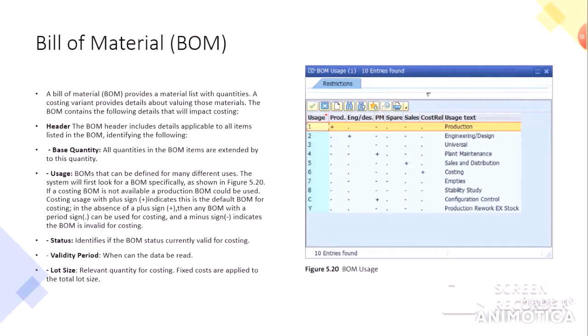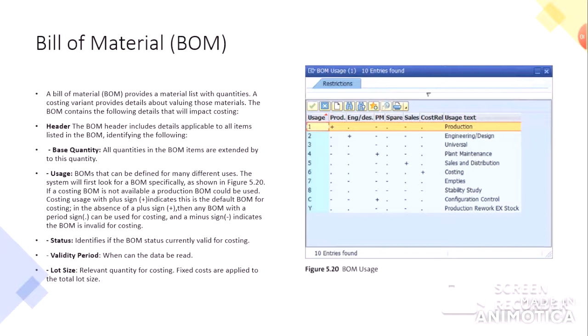The system will first look for a BOM specifically as shown in the figure BOM usage. If a costing BOM is not available, a production BOM could be used. Costing usage with a plus sign indicates this is the default BOM for costing.